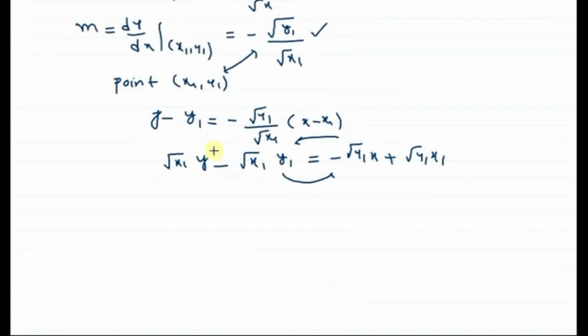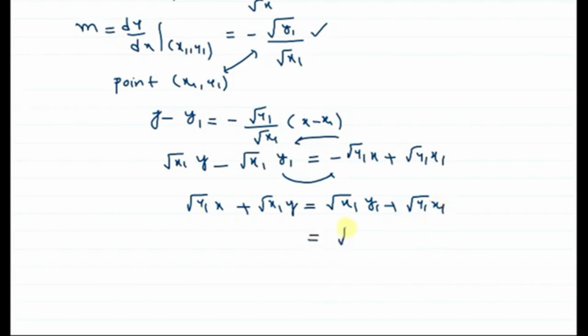You will get root y1 x plus root x1 y is equal to root x1 y1 plus root y1 x1. Taking root x1 root y1 common on the right side, we get root x1 root y1 times (root x1 plus root y1).